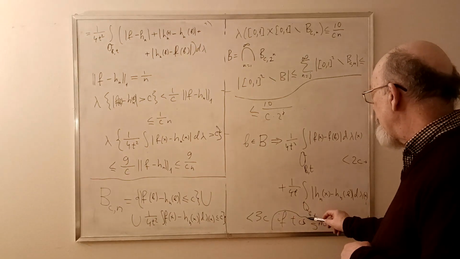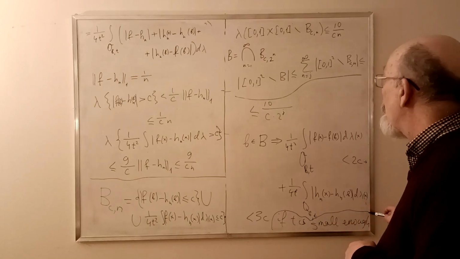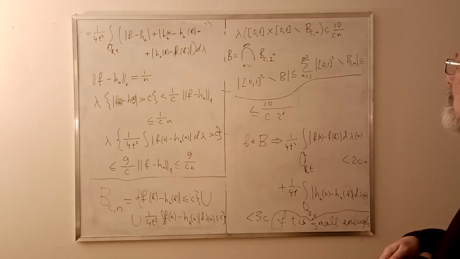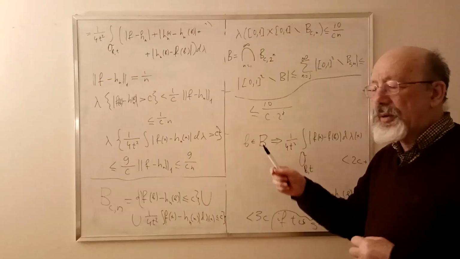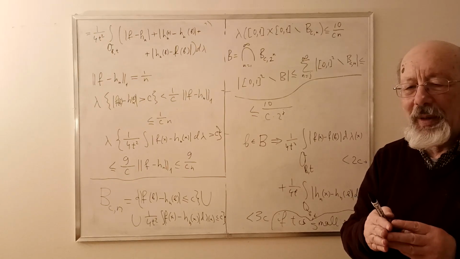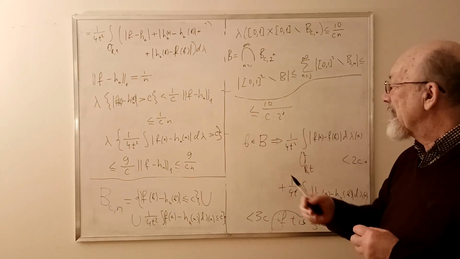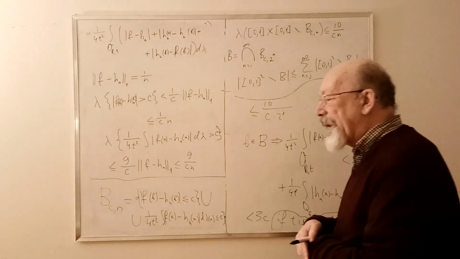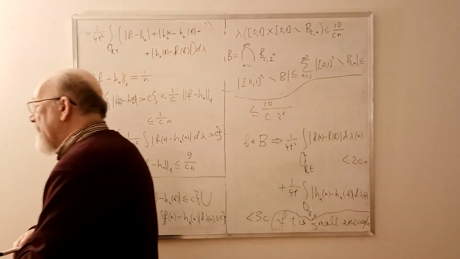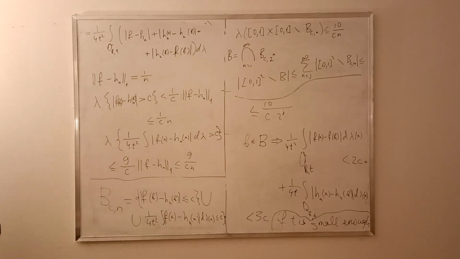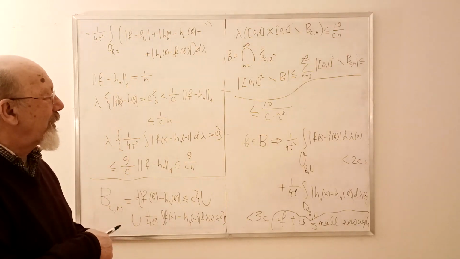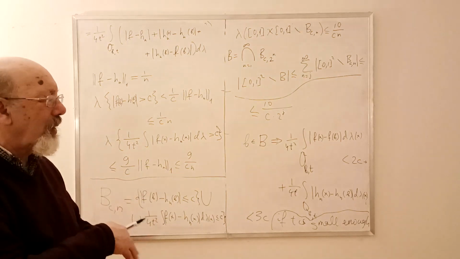First of all, it holds true on the set of small measure; if j increases, then the measure goes to 0. And then on the same set, it holds for any C. So C now goes to 0.